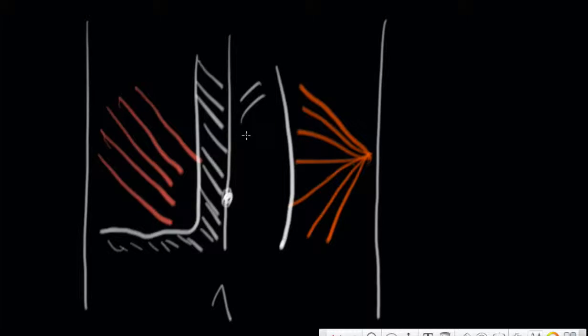So that is one more aponeurosis that goes to join in at the midline, the linea alba.